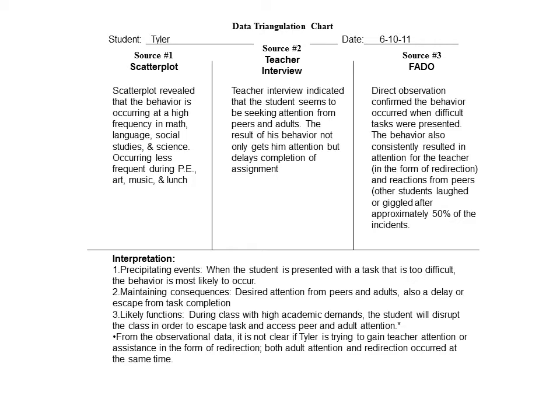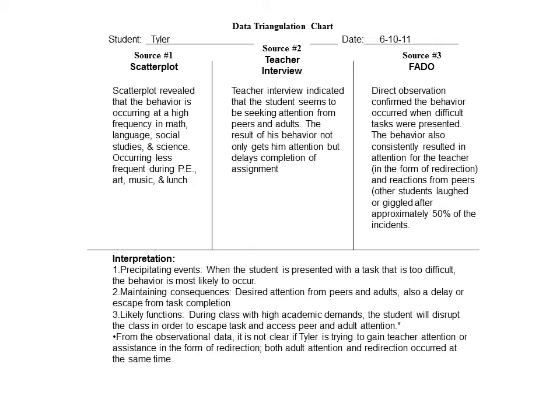That isn't always necessary. And in this case, I probably would not do that because if he was trying to get help and assistance from the teacher, part of the intervention would be to teach him to appropriately ask for help. That's not a bad thing to do under any circumstance. So it would be best just to add that to the intervention.